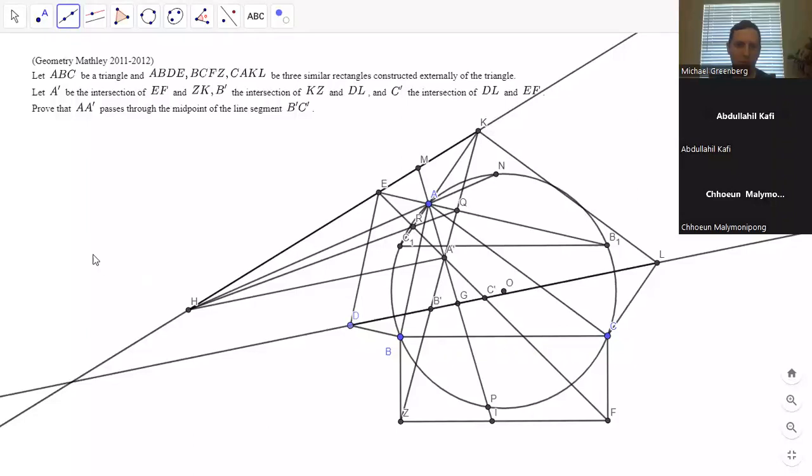So yeah, that would be equivalent to showing... Let's think about that. We could try to show HKA prime is similar to SKB prime.